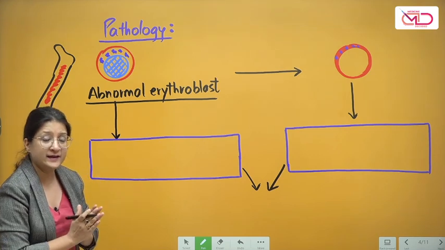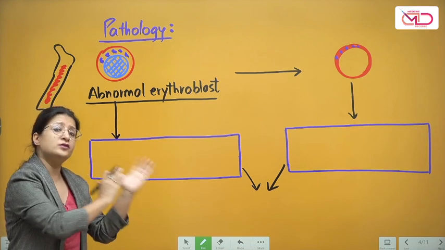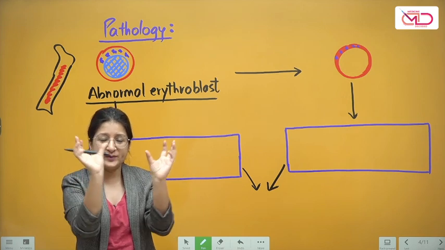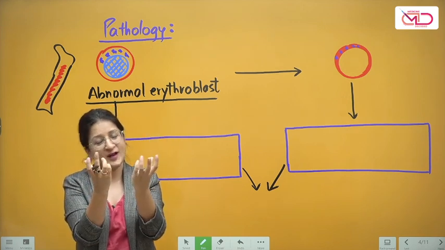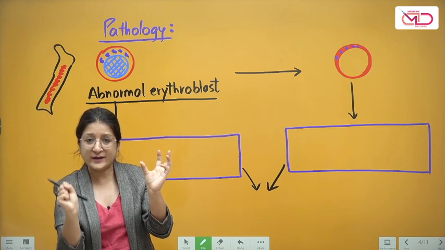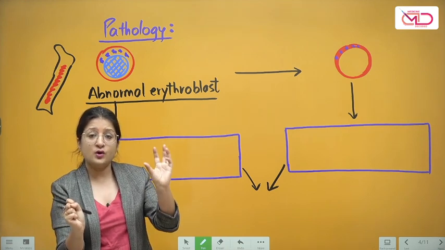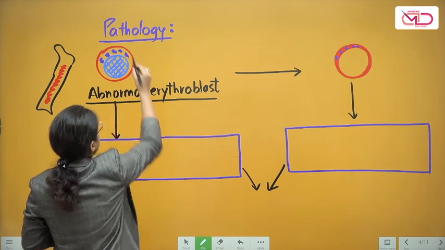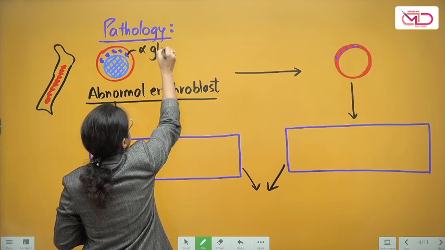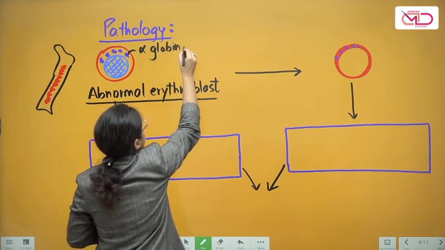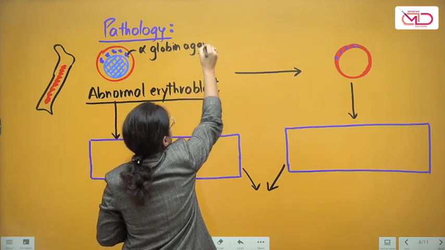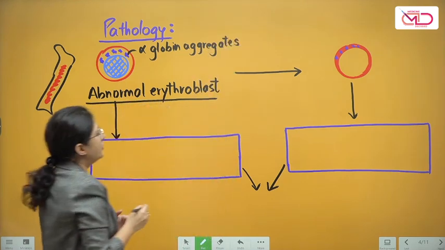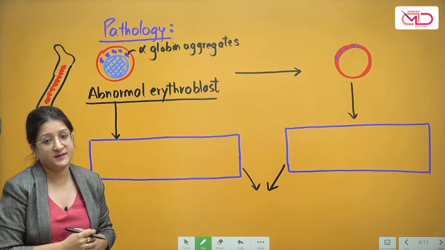And secondly, there is an excess of alpha chains. You see, alpha chains have to combine with beta chains to form a complete hemoglobin, right? Now, there is deficiency or complete absence of beta chains. So, the alpha chains are unbound. And that leads to alpha globin chain aggregates in the cytosol of these abnormal erythroblasts, right?